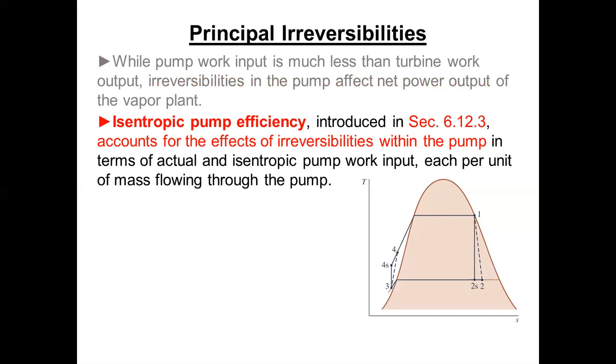So anyway, the ideal pump is going to operate from 3 to 4s, and the real pump is going to generate some entropy. So that line has to be to the right of the vertical from 3 to 4s, indicating that we have some entropy generation.